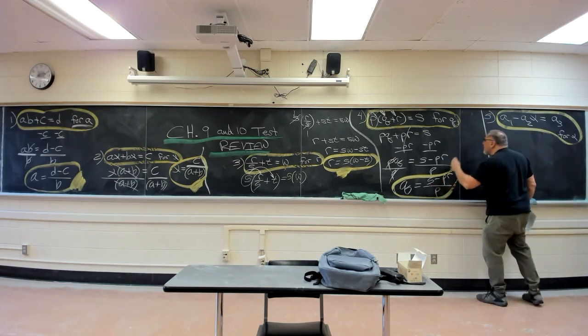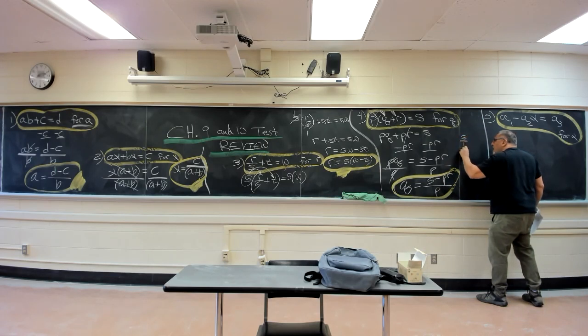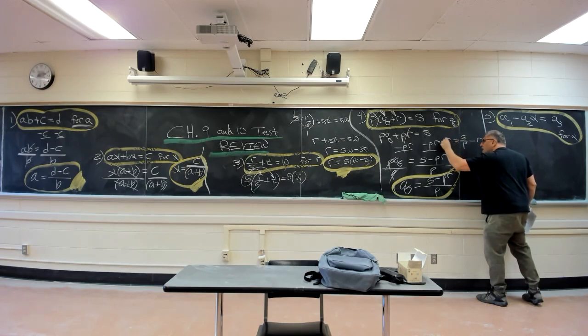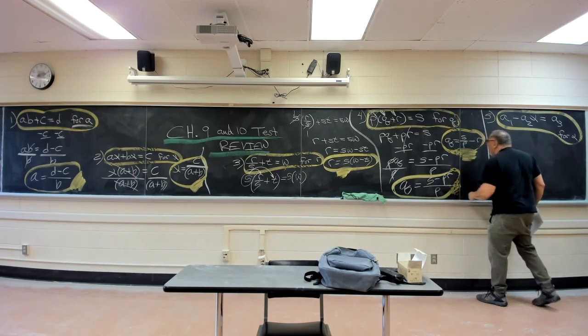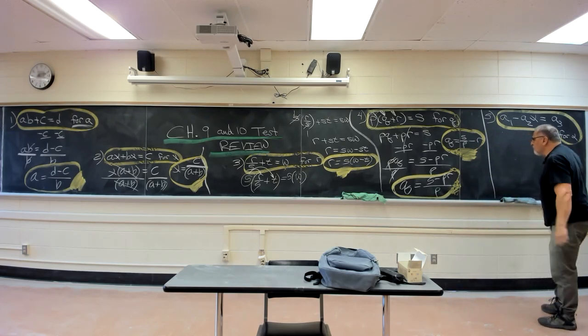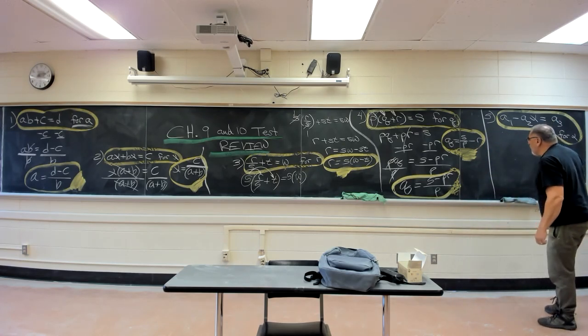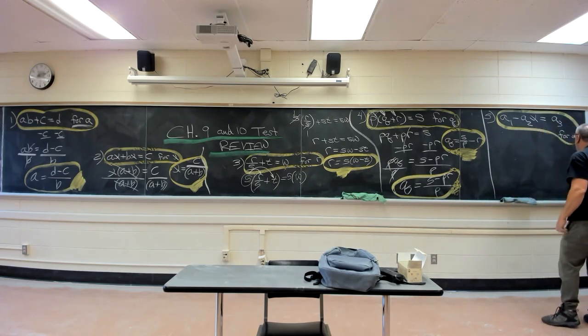P goes into S, that's S over P. P goes into PR, R number of times. This will also work. I wouldn't doubt if this is actually the one in the answer key. Either one's probably fine. You can argue it either way. Okay? That'd be about it, though.